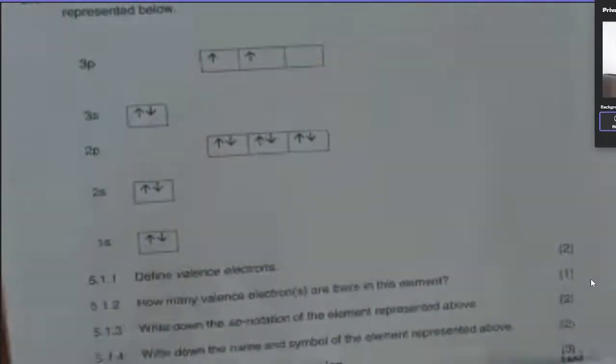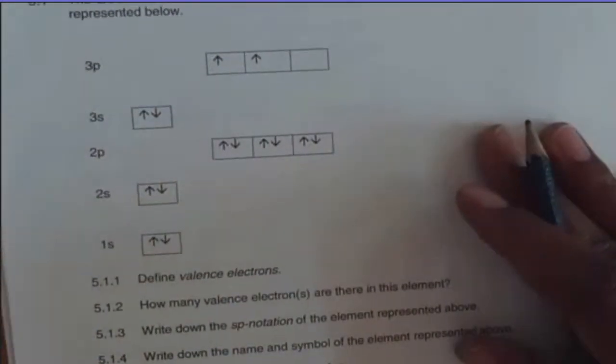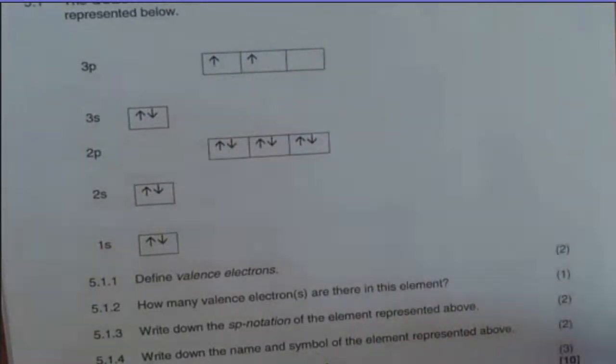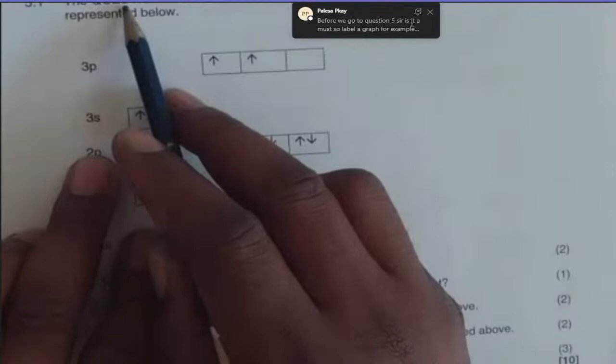Question 5, 10 marks. The questions below are based on the Bohr diagram of a certain element represented below. So this is the Bohr diagram.